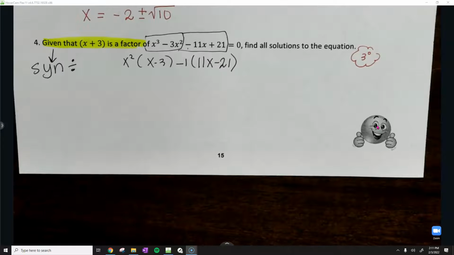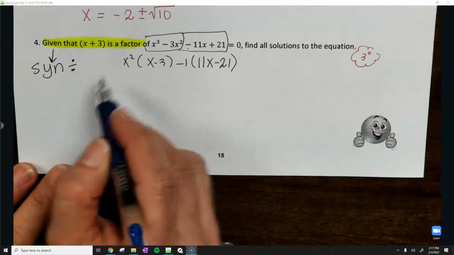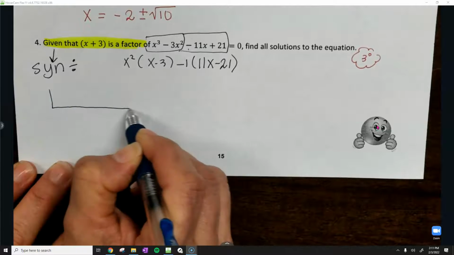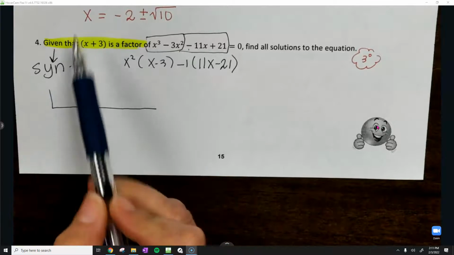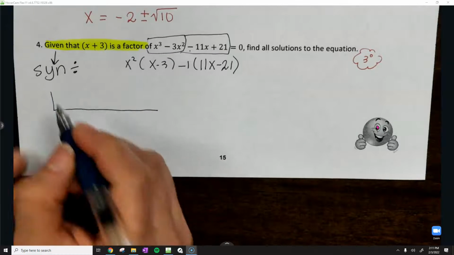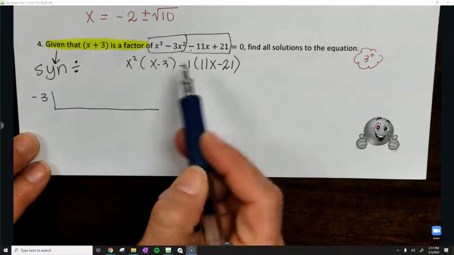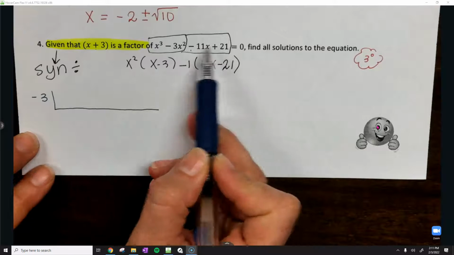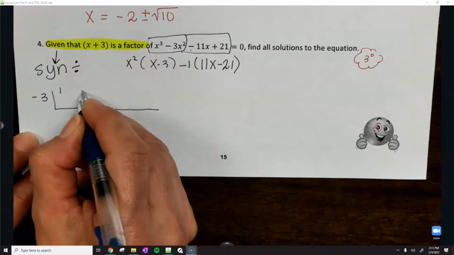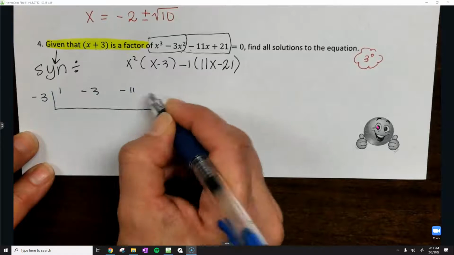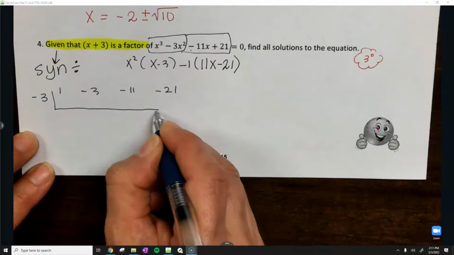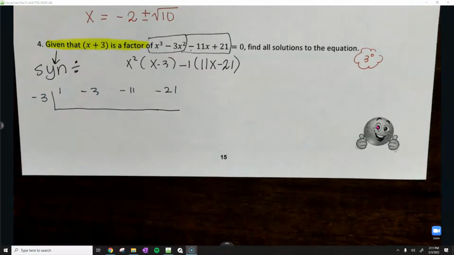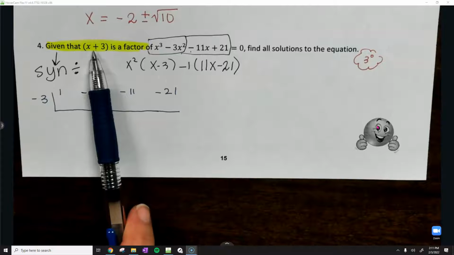Okay, let's draw an upside down division box. And what we're going to do is we're going to drop a negative 3 in here. And then we're going to list these coefficients, no placeholders needed. Now remember, that's a factor.